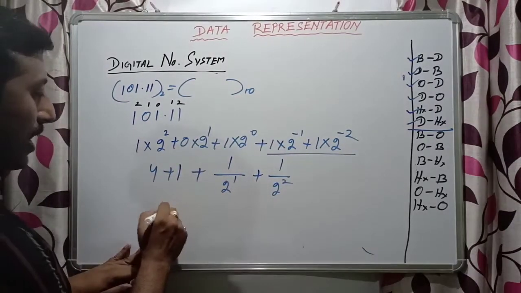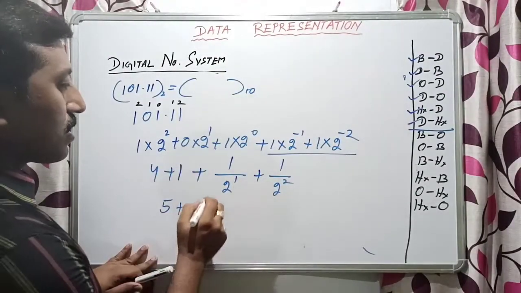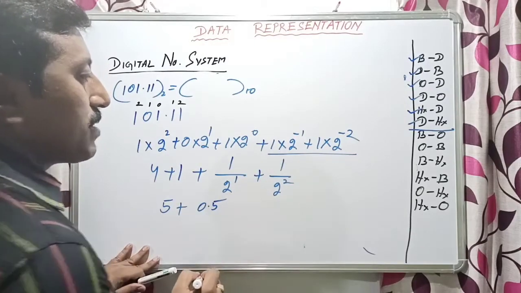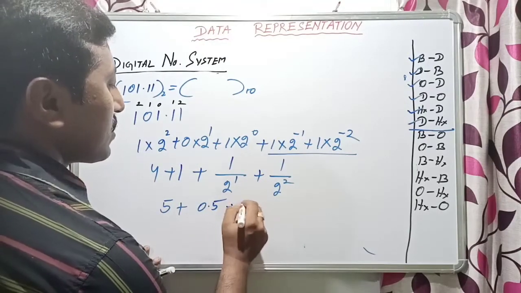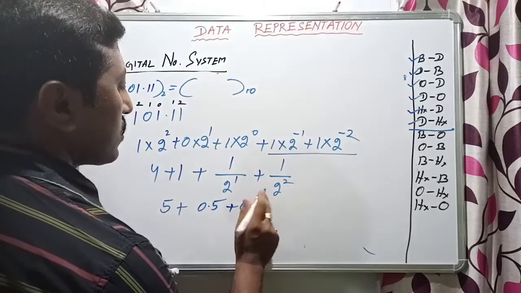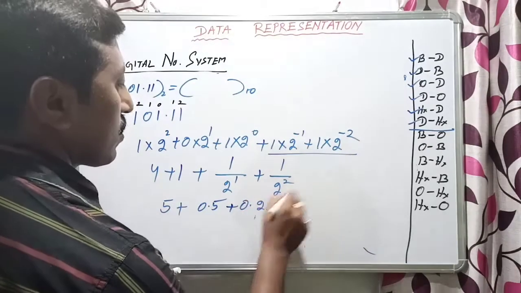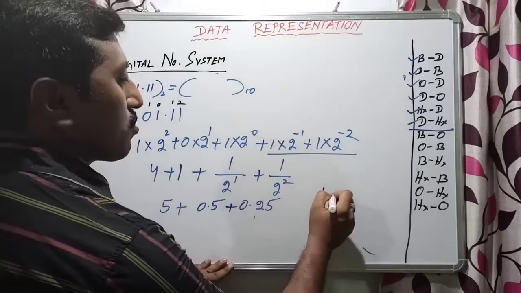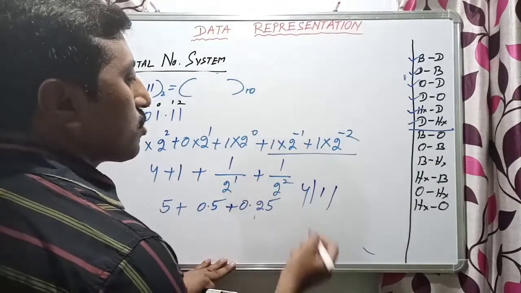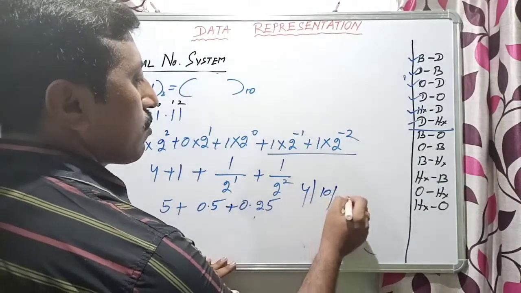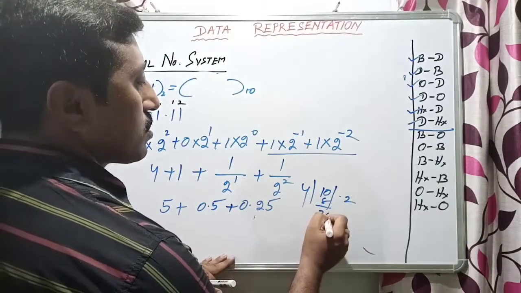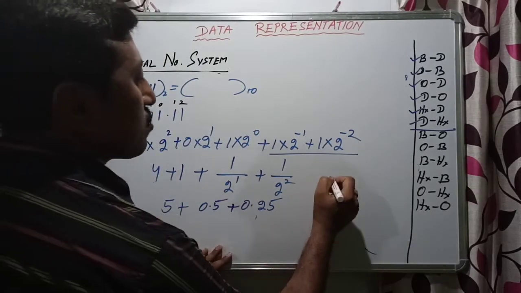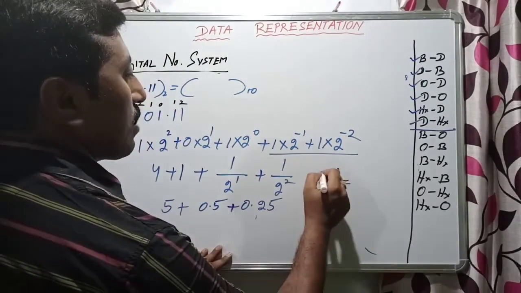So 4 plus 1 is 5. Plus 1 by 2, which is half, we can say 0.5. And 1 by 2 squared is 1 by 4, which means 0.25. You can divide it to get 0.25, so remember it directly.